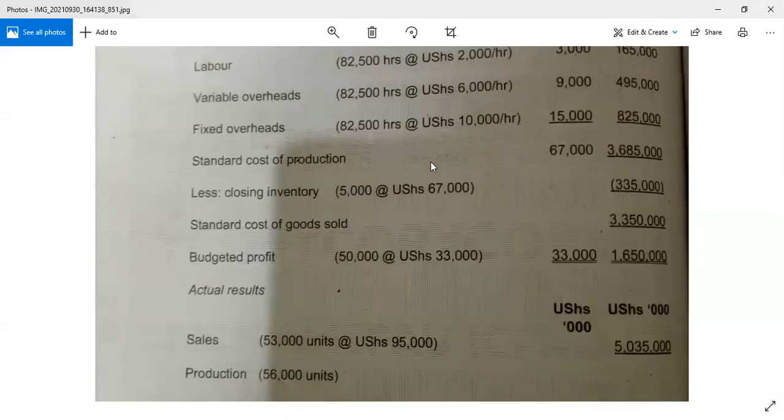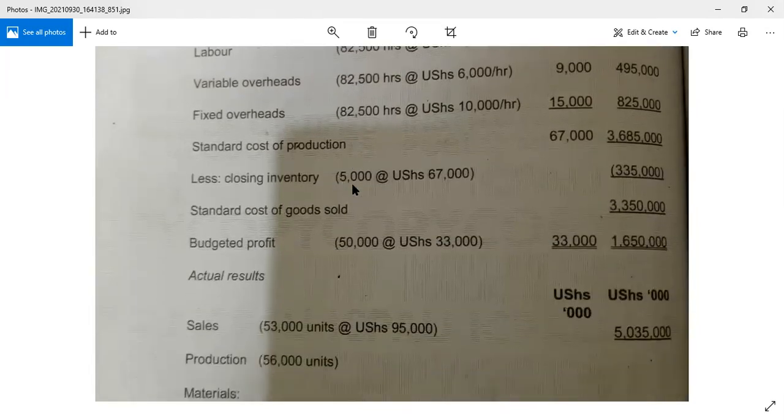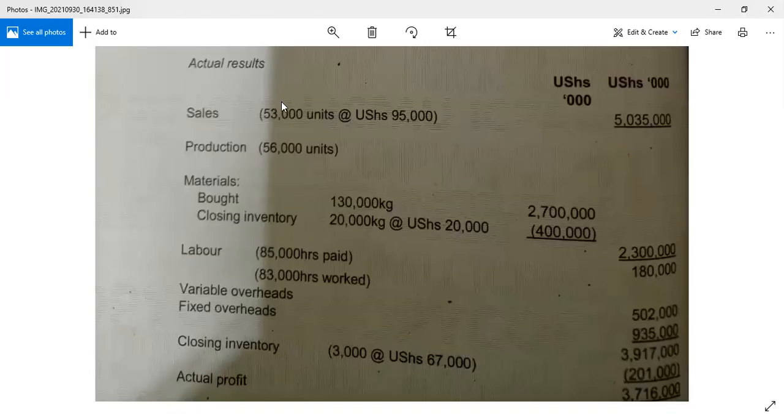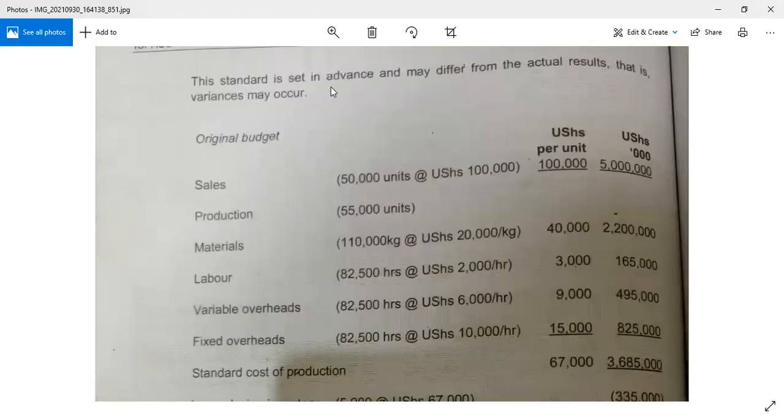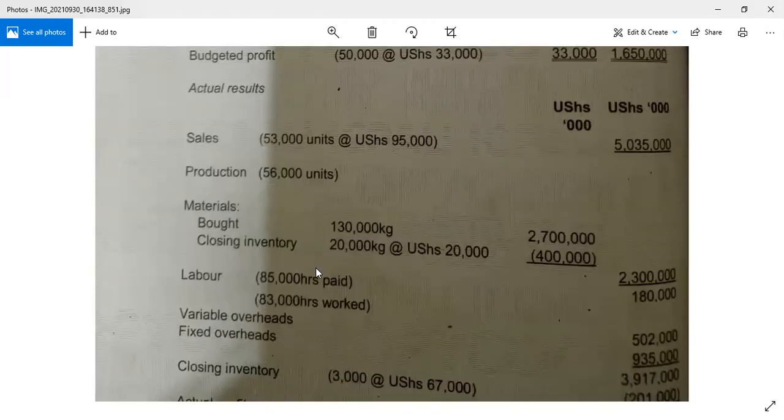When you go up here, we are saying that, of course, the difference between the actual units sold and the budgeted. So the budgeted is 50,000 and the actual units was 53,000. So 53,000 minus 50,000 gives you a difference of 3,000 units.